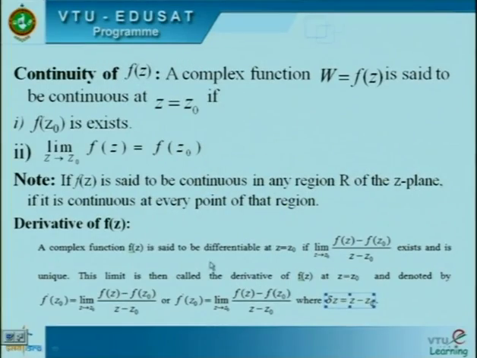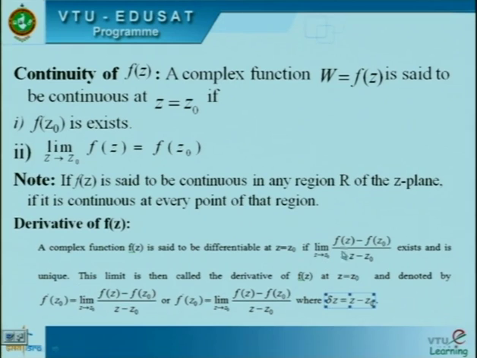Then the derivative of a function f of z. A complex function f of z is said to be differentiable at z is equal to z naught if the limit as z tends to z naught of (f of z minus f of z naught) divided by (z minus z naught) exists and is unique.